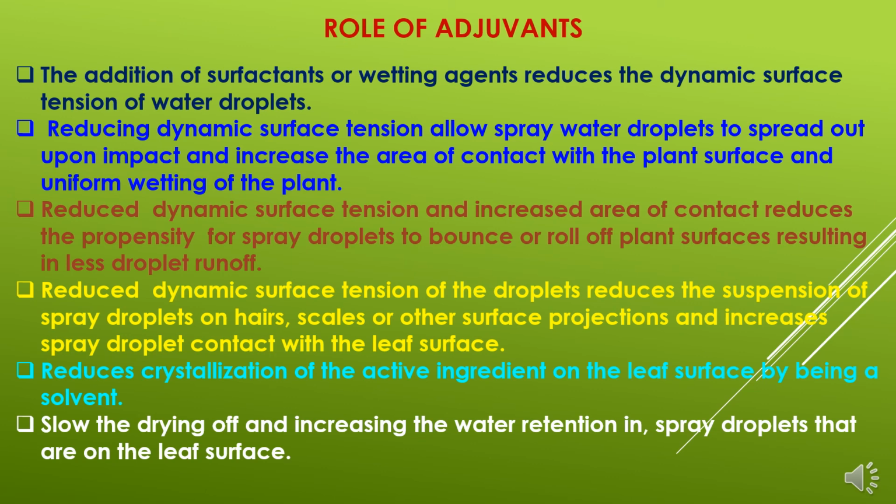Now we will go through the role of adjuvants. The addition of surfactants or wetting agents reduces the dynamic surface tension of water droplets. Reducing dynamic surface tension allows spray water droplets to spread out upon impact and increase the area of contact with the plant surface, and uniform wetting of the plants takes place.